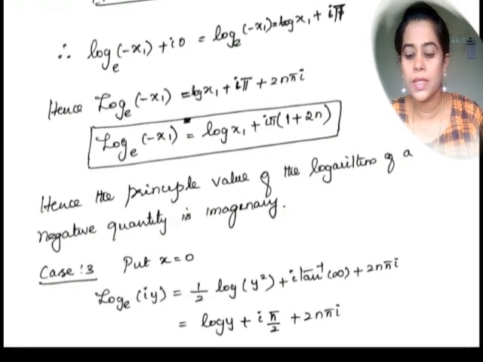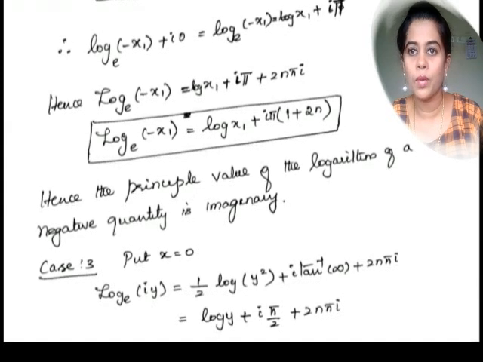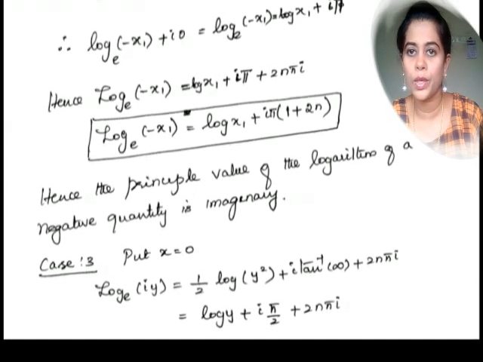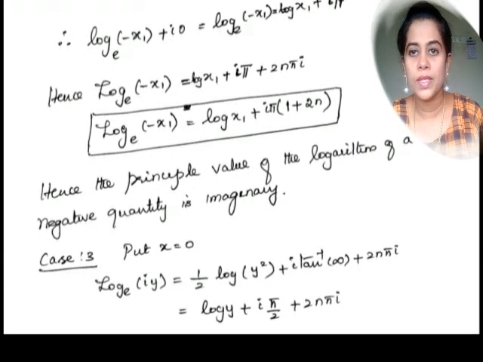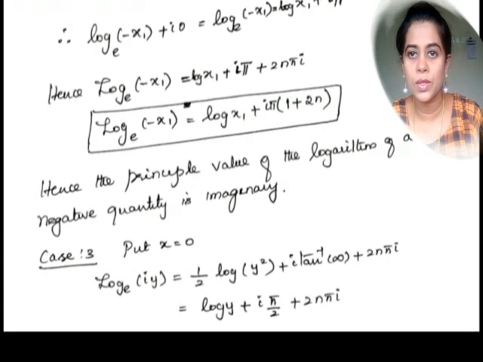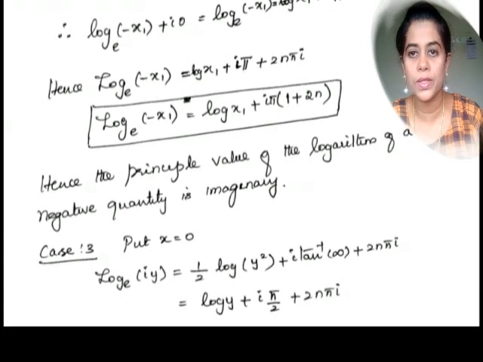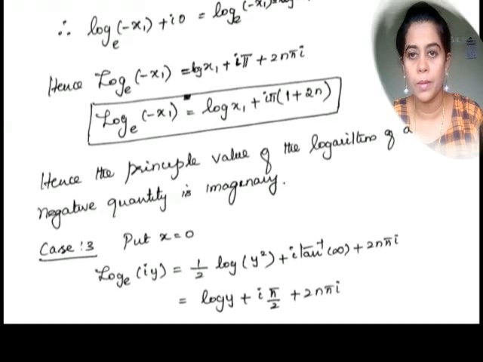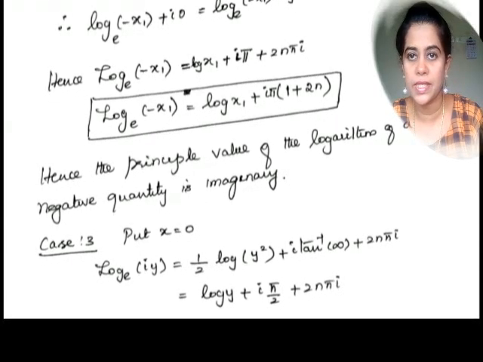The resultant says 1 by 2 log of y squared, and y squared can be written as 2 times log of y, plus I tan inverse of y by 0, which is infinity, so tan inverse of infinity plus 2n pi I. Tan inverse of infinity is 90 degrees, pi by 2.